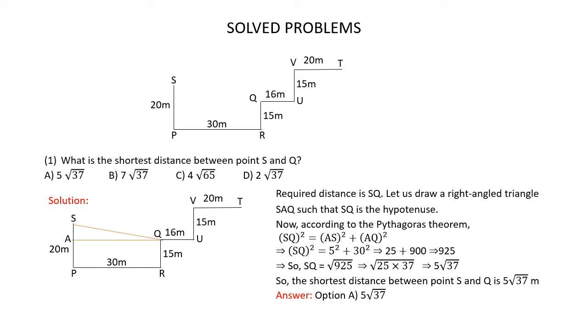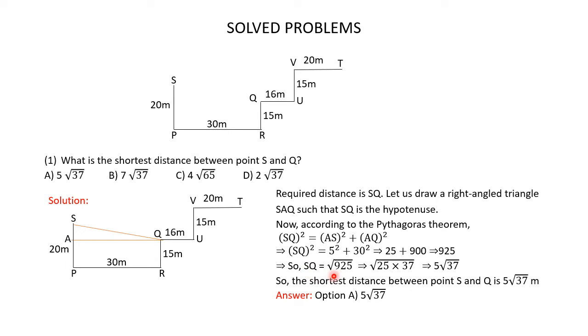So AS is equal to 20 minus 15, which is 5 meters. Now since PR is 30 meters, AQ is also 30 meters. So now we have SQ squared is equal to 5 squared plus 30 squared, which is nothing but 25 plus 900, that is 925. So SQ squared is 925.